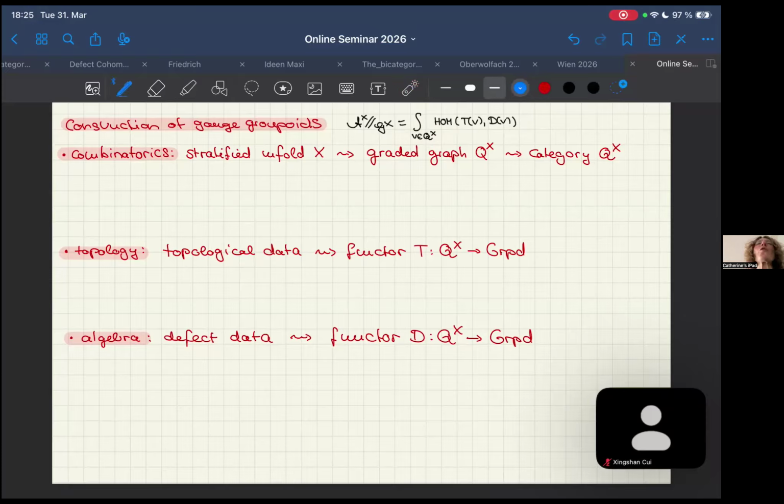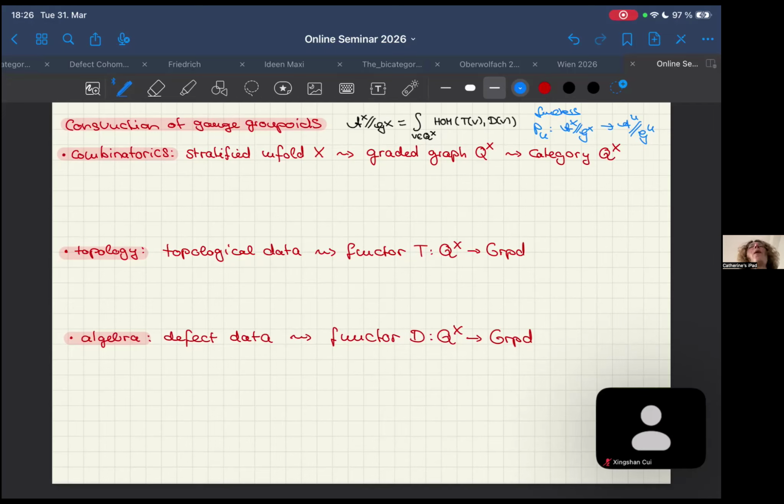And because this is constructed with an end, we get functors for each stratum. Let's call the stratum U. We get a gauge groupoid. And we get a functor that goes from the big gauge groupoid of the entire manifold to the special gauge groupoid for the stratum.